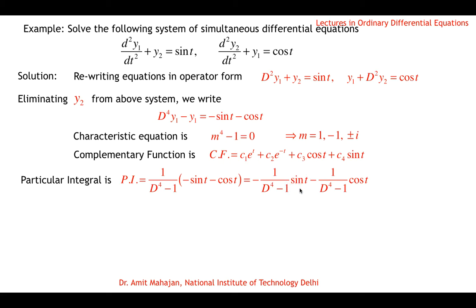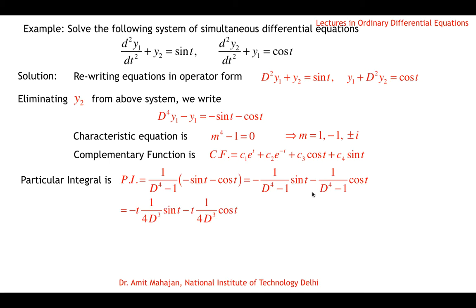For sin t, the rule is that we can put D² as -a². Here a is 1, so D² is -1, and the denominator should be non-zero, but if we put D² = -1, it becomes 1 - 1 = 0. So we have to apply the rule that we multiply with t and take the derivative of the denominator. Similarly here, the same rule applies.